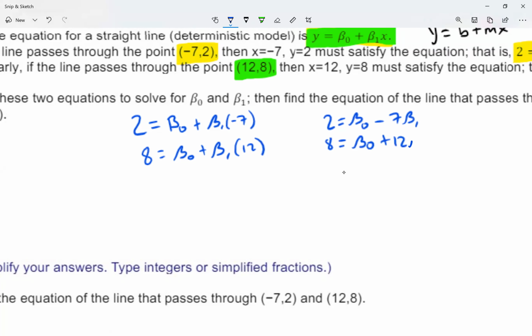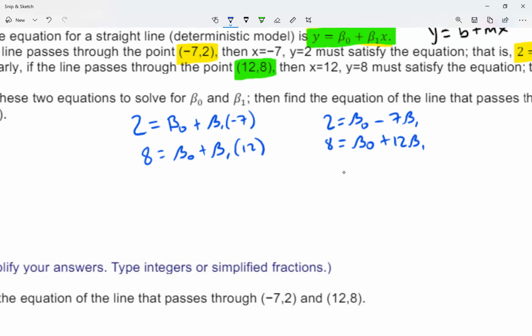Plus 12 times beta 1. I just got rid of parentheses. And in elimination, I remember that if I combine my two equations, one of my variables, either beta 0 or beta 1, should cancel out. When I look at my beta 0s, 1 beta 0 plus 1 beta 0 is 2 beta 0. Doesn't cancel out.